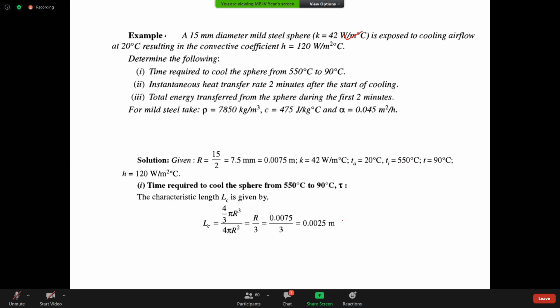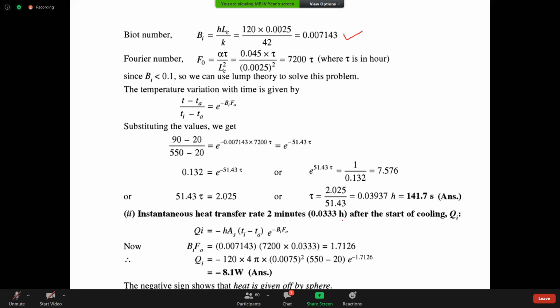H is also given. So now you can use this equation also, by calculating the Fourier number and Biot number. This is another way of approach. So we can calculate the time. The first question is asking you to calculate the time required.